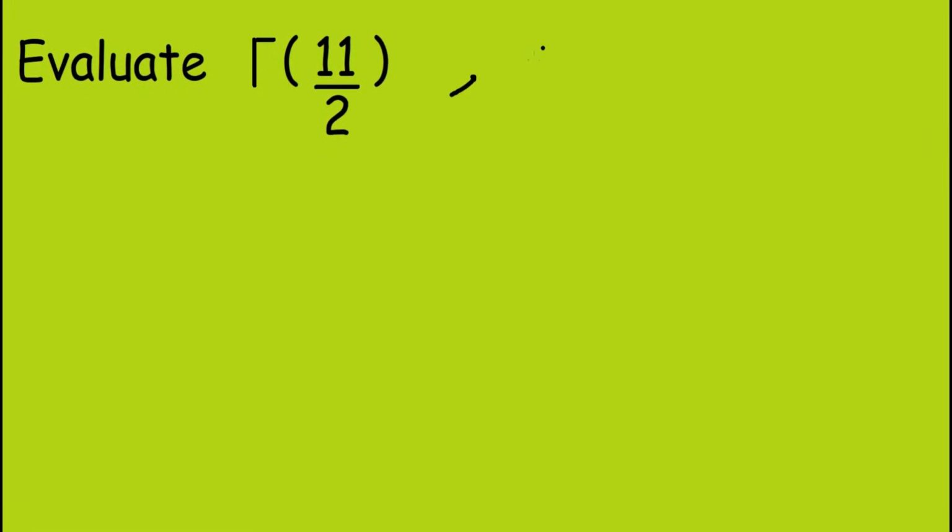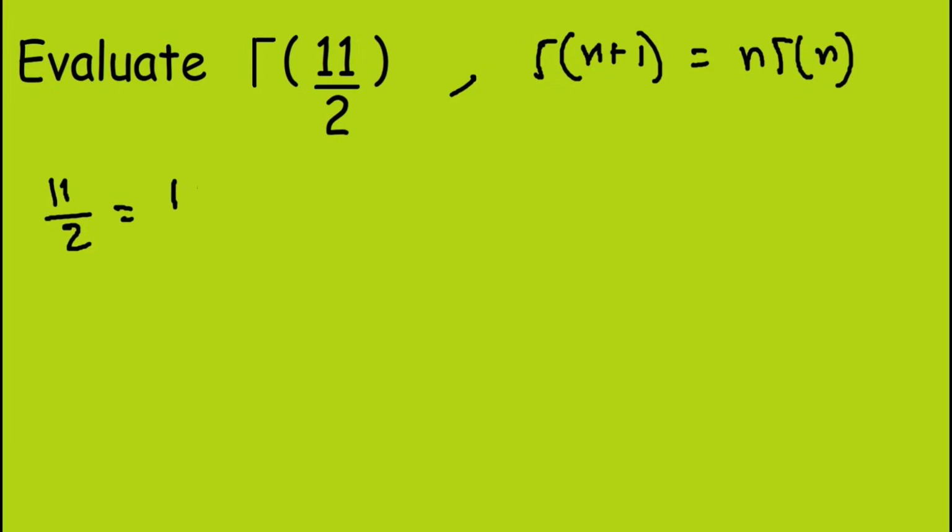So gamma n plus 1 is equal to n gamma n. With the help of this we will solve this. 11 by 2 can be written as a sum of 1 plus 9 by 2. Similarly 9 by 2 can be written as a sum of 1 plus 7 by 2. Like this we will break this and calculate the value of gamma 11 by 2.